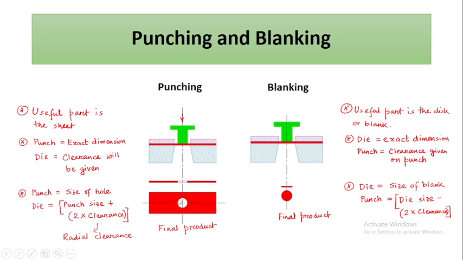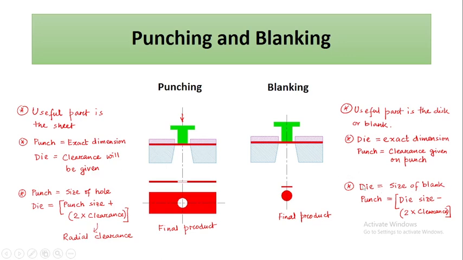As we know the diameter of the hole, we can find out the die, which will be bigger than the punch. Similarly, in blanking, the die size will be exact, equal to the blank size.